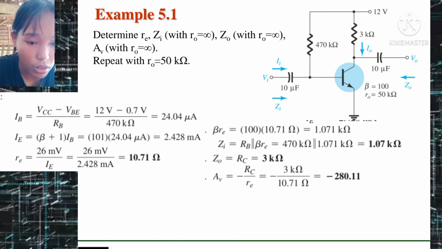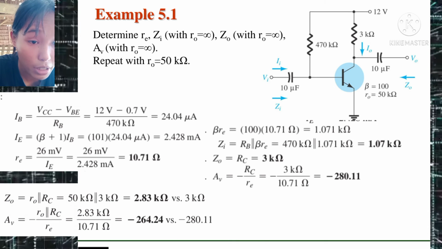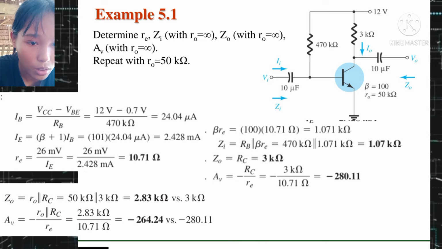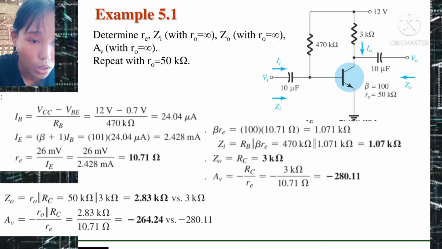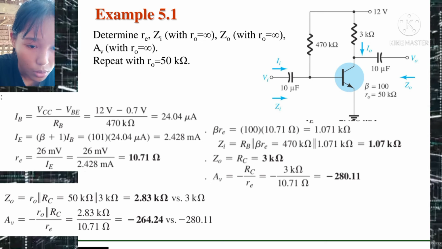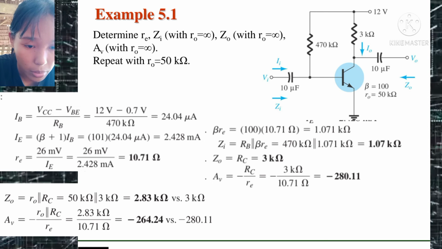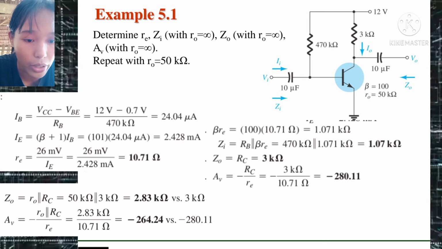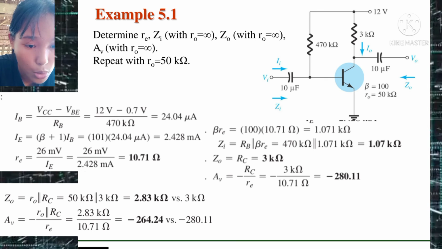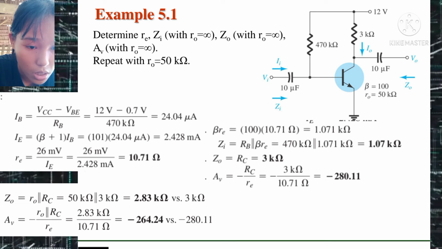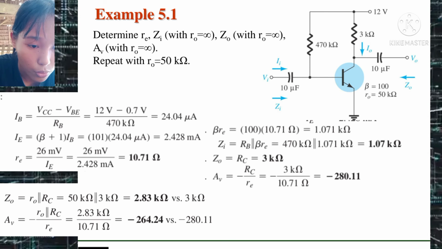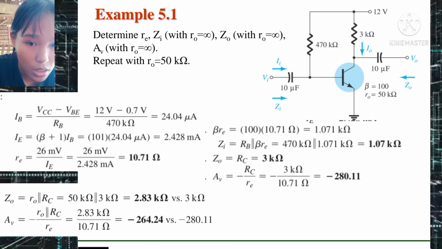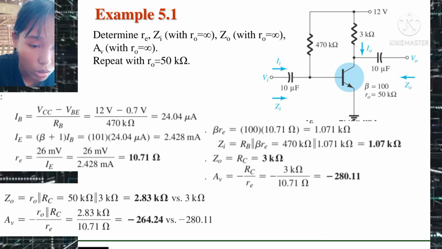Now let's solve our Zo and Av including our ro, which is equal to 50 kilo ohms in all calculations. Then we will get that our Zo will be equal to ro in parallel with RC, which is 50 kilo ohms in parallel with 3 kilo ohms, equal to 2.83 kilo ohms. Versus the 3 kilo ohms, we can see that it is smaller.